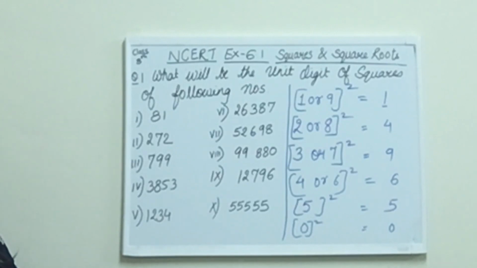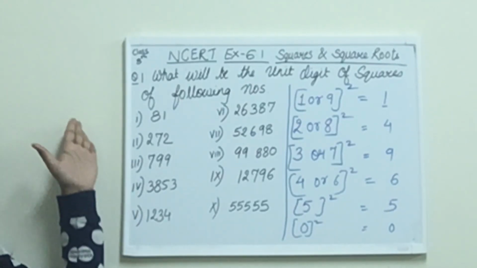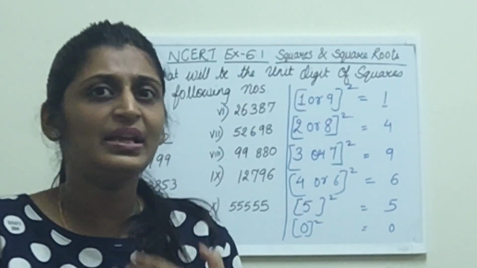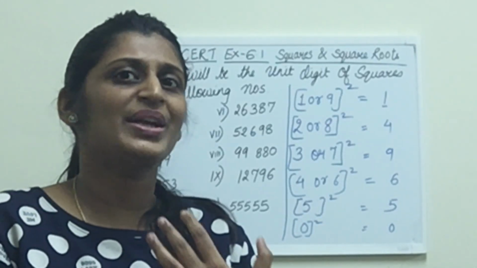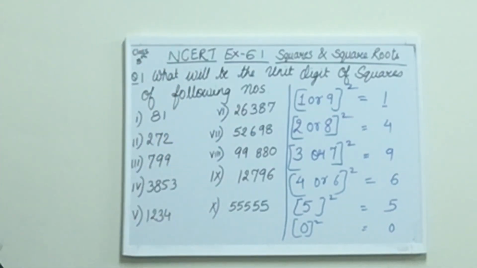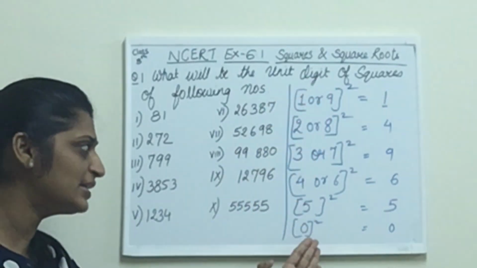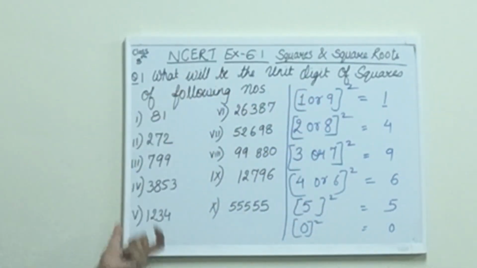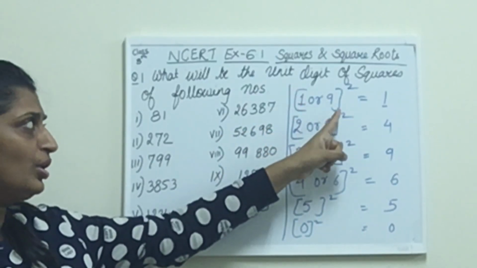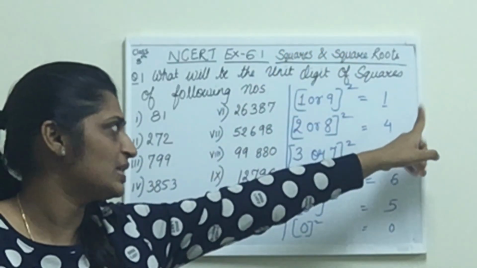Okay? So, review it again to have a better understanding of questions 1, 2 and 3 of exercise 6.1. Go through the properties of square numbers which we have already discussed in our previous video to solve questions 1, 2, 3 in a better way. For your reference, I have rewritten the properties used in this question. Any number ending with 1 or 9, the square ends with 1.